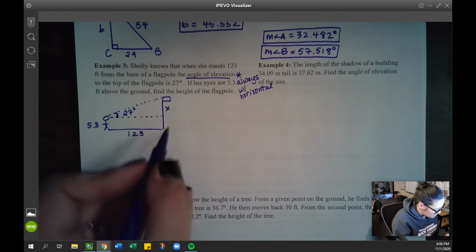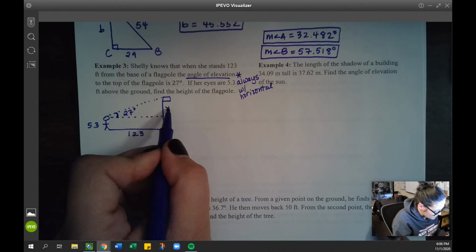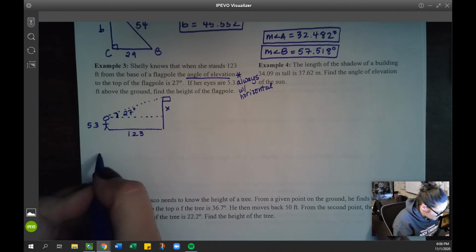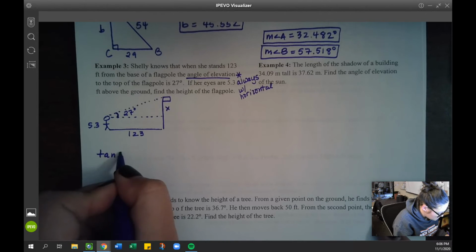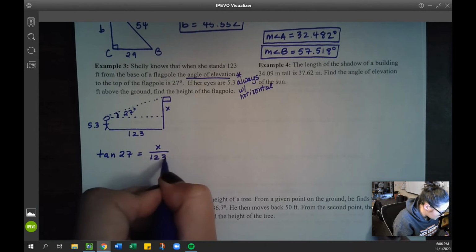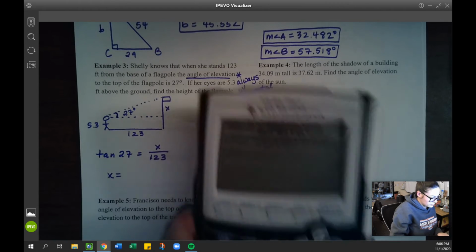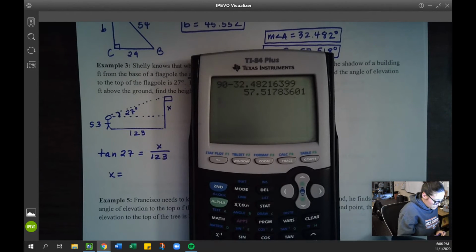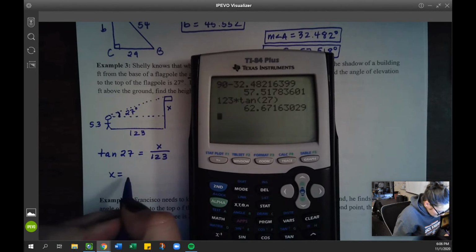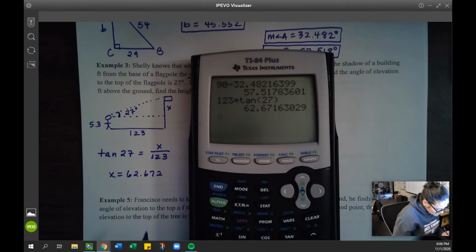So the equation I'm going to set up: x is my opposite leg, 123 is my adjacent leg, so I have tangent 27 equals x over 123. So I'm going to do 123 times tangent 27, which gives me 62.672.